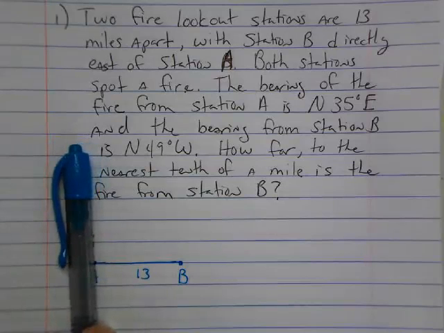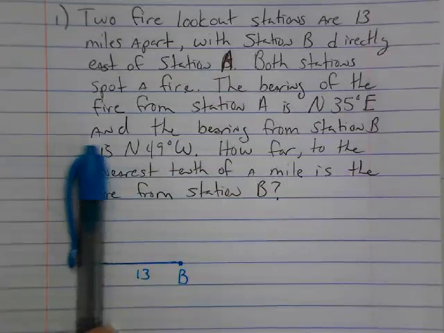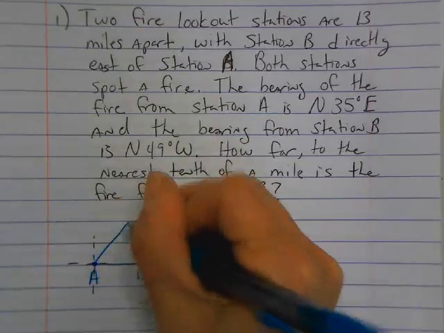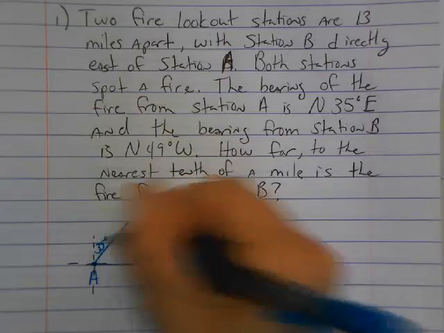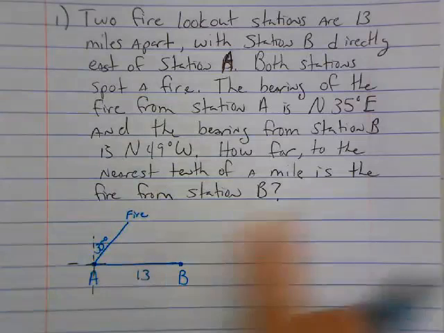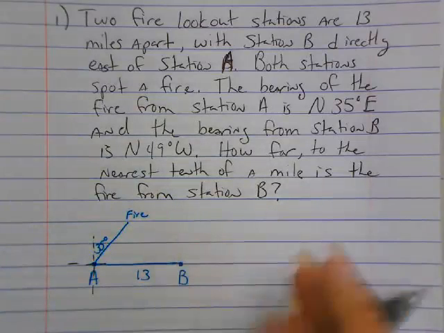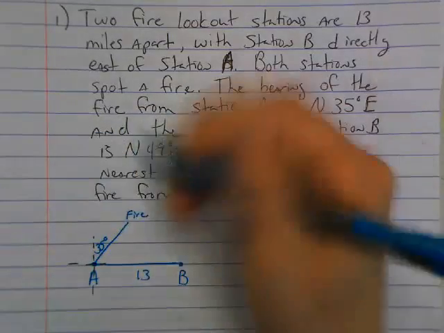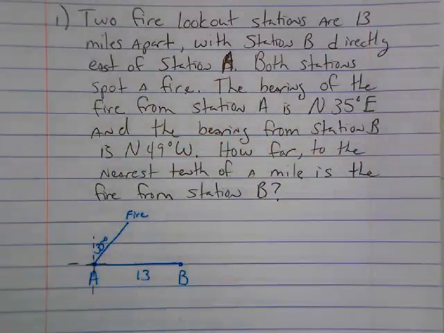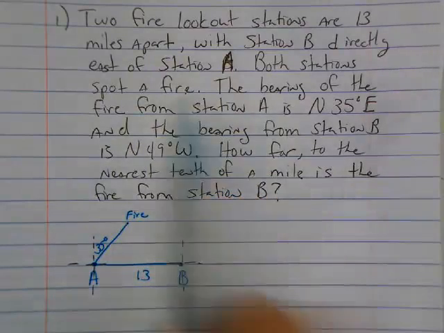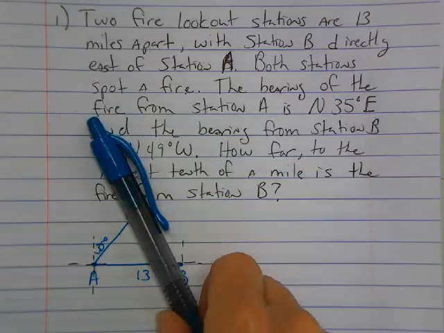Remember, we feed off of north and south. Okay, so here's my fire. Likewise, from Station B, the fire is north 49 degrees west. So again, I can draw my little compass, and I know I'm north 49 degrees west.